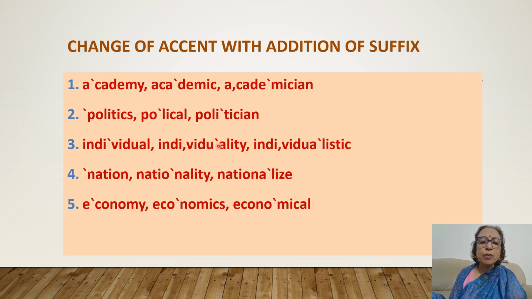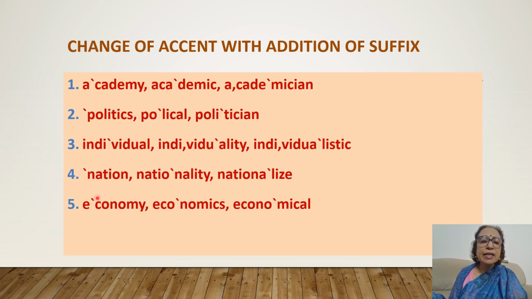You can see this mark. Don't look at this at present because we have not come to that. I will do that much later. That is the secondary stress. This, what I'm showing on the top of the syllable, a small dash, that is the primary stress.